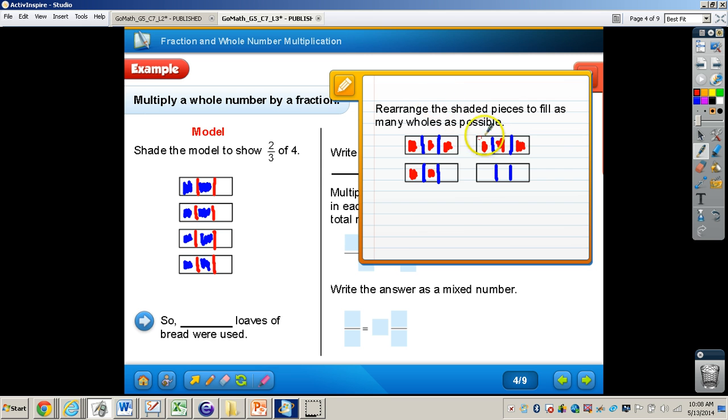What we have here is 2 whole pieces and 2/3 of another piece. This one actually does not even need to be represented at all within our fraction. So this represents 2 and 2/3. So for the answer, we have 2 and 2/3 loaves of bread were used.